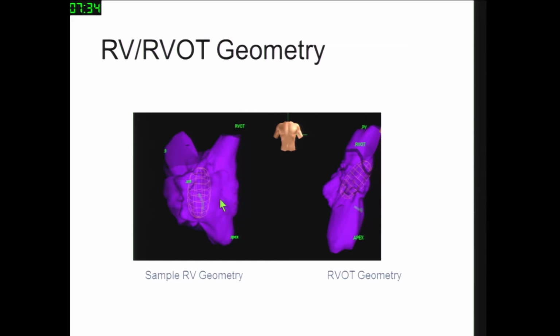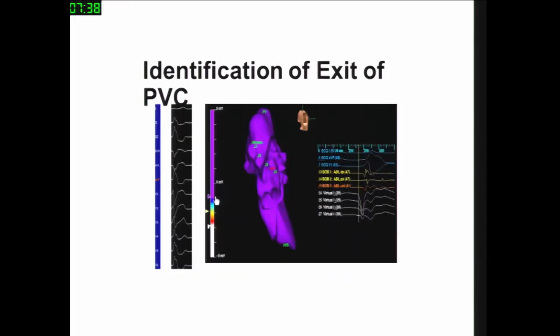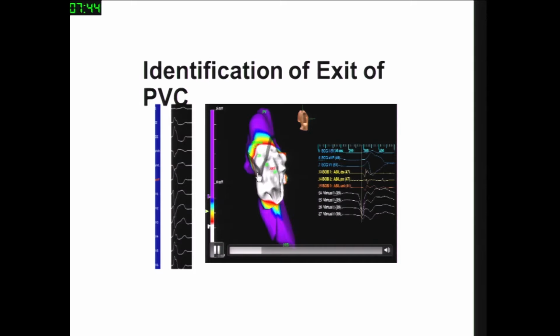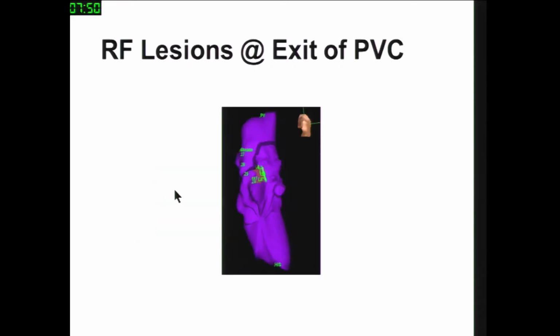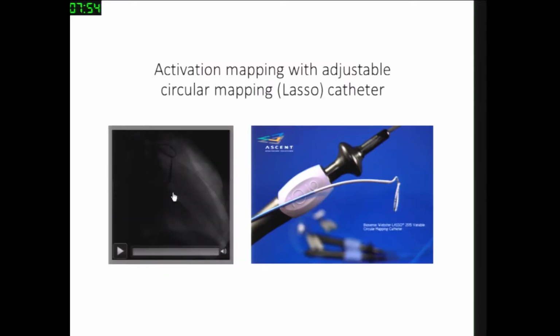It is a kind of RVOT mapping, and when a VPC occurs, it can show where the earliest activation site in the RVOT area is. So by ablation at that area, we can remove the arrhythmia from the RVOT.